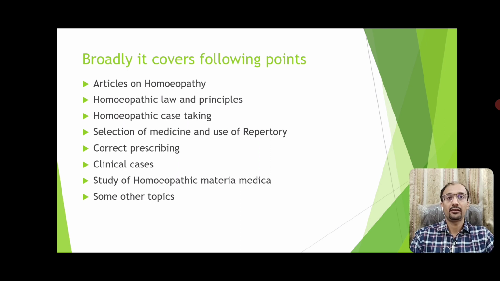The first, it contains some articles on homeopathy. Next, it contains a few papers and chapters on homeopathic law and principles, homeopathic case taking, selection of medicine and use of repertory, correct prescribing, clinical cases, study of homeopathic materia medica, and a few chapters taken randomly which are useful in our day-to-day practice.